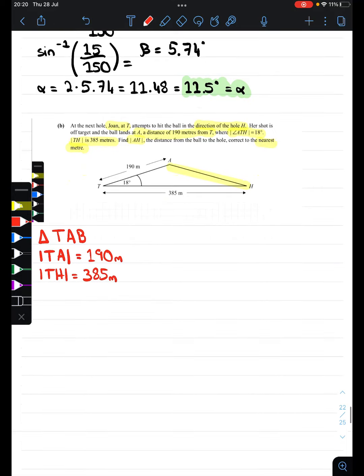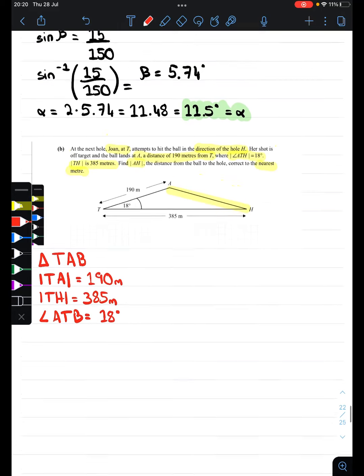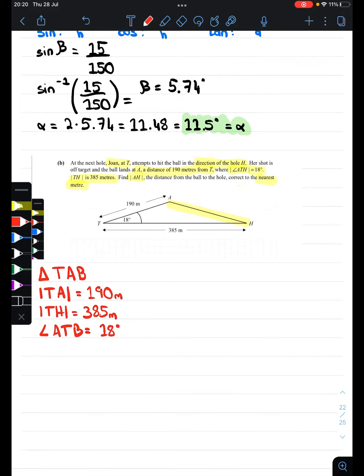And now we also have the angle ATH equals 18 degrees. Okay, and what is it we're looking for? We're looking for AH.